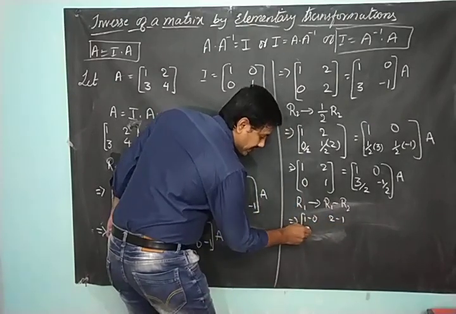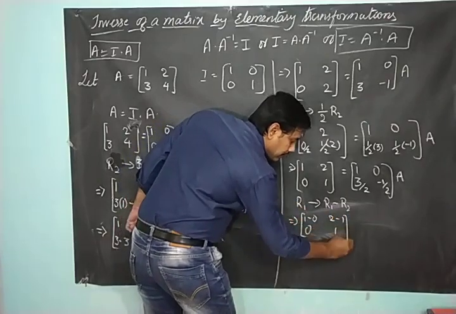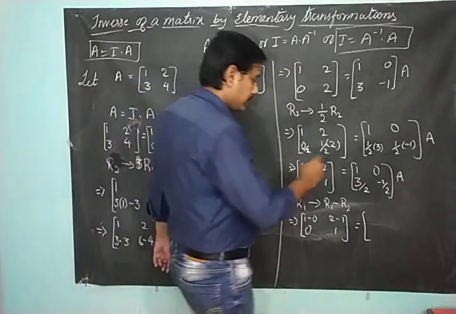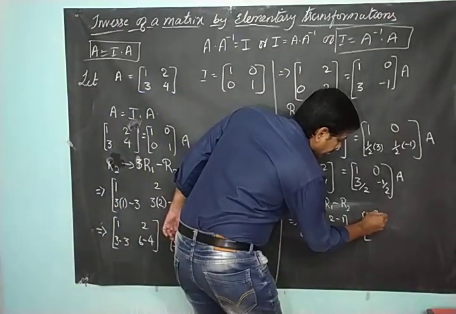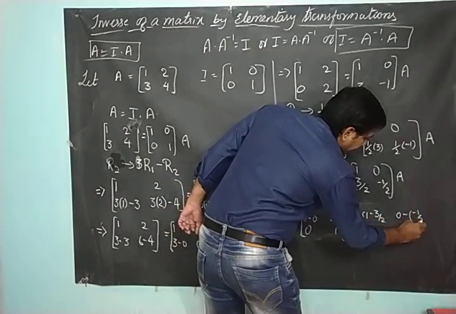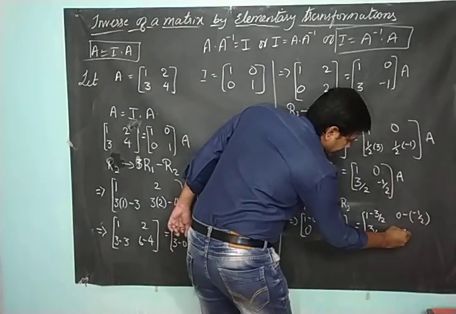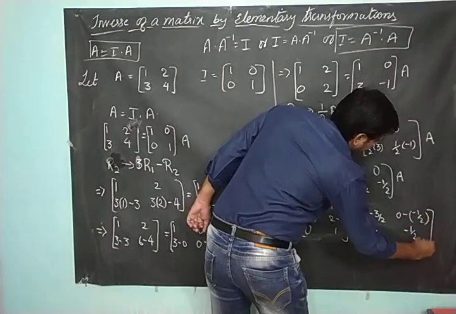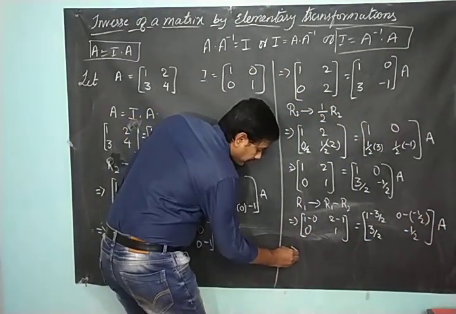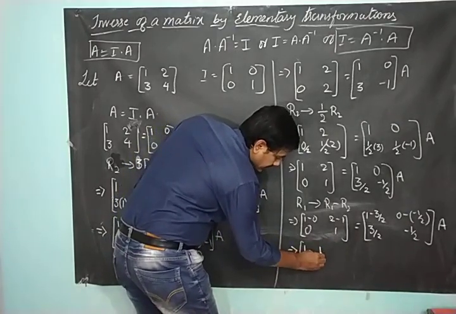But R2 will remain as it is, because we are not applying anything to R2 here. Here also the transformation is applicable only for R1. So this is 1 minus 3 by 2, and this is 0 minus of minus 1 by 2, and this is 3 by 2 as it is, minus 1 by 2 as it is, into A. So now what will we get here? 1 minus 1 is 0, 2 minus 1 is 1.